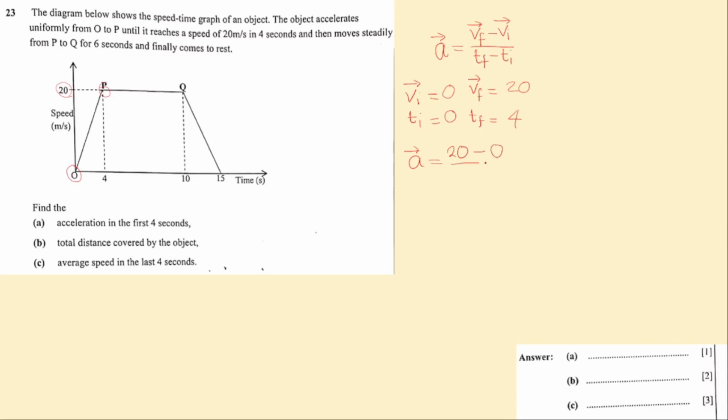We started at 0. The final time is 4, and we started at time 0. So 20 minus 0 is 20. 4 minus 0 is 4. 20 divided by 4 is 5 meters per second squared. So that is our acceleration.